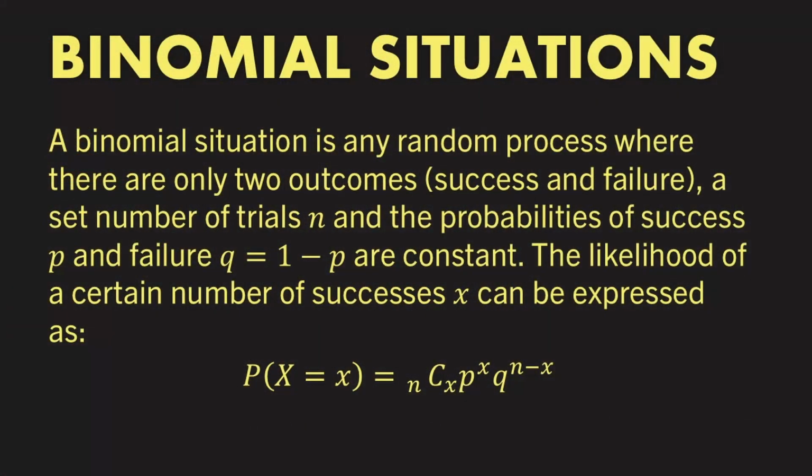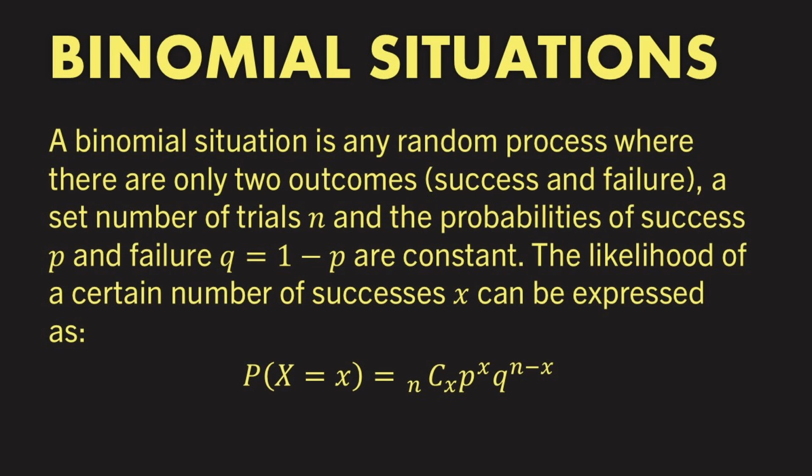So let's define. A binomial situation is any random process where there are only 2 possible outcomes. We are going to call those outcomes success or failure. Again, you win or you lose. Something happens or something doesn't happen. That's the only way it can work for it to be binomial. Then we have a set number of trials. We try this n times.